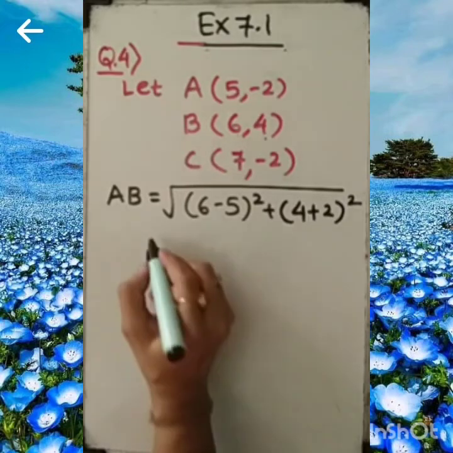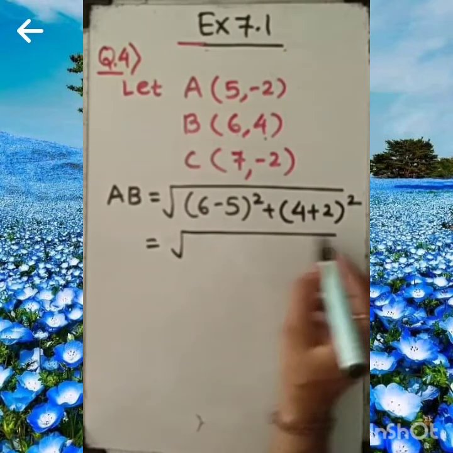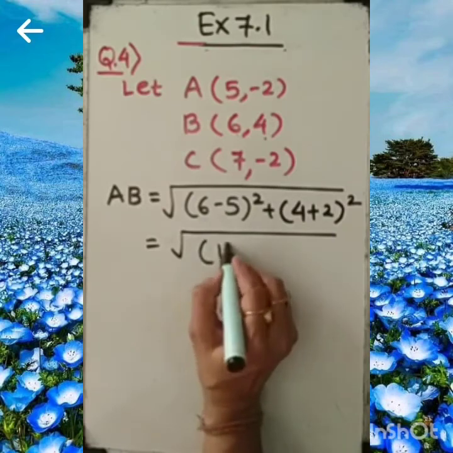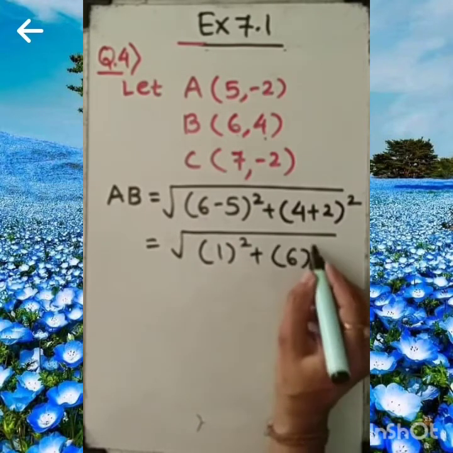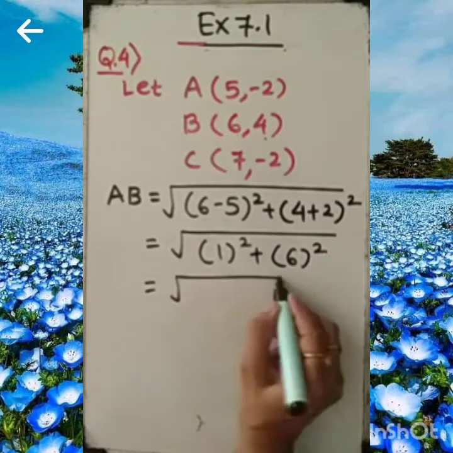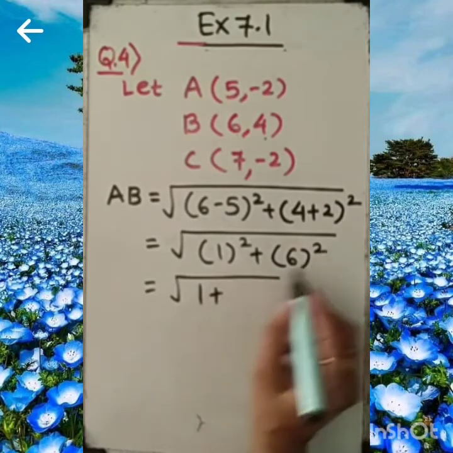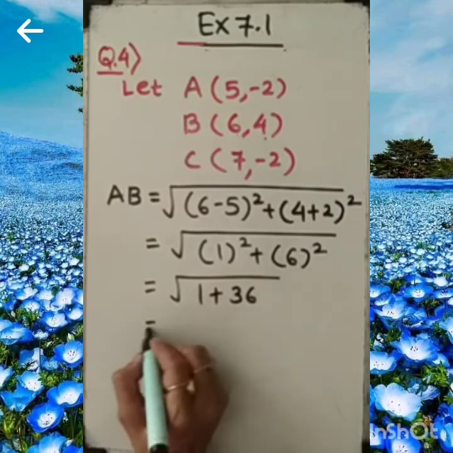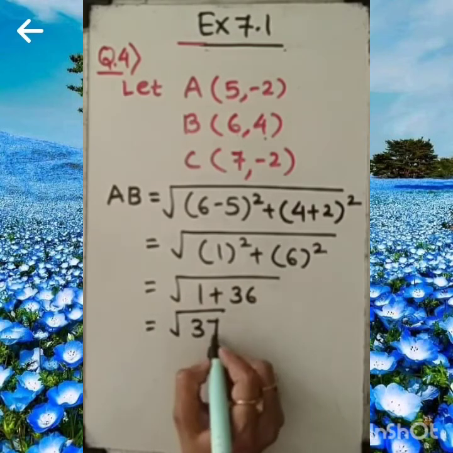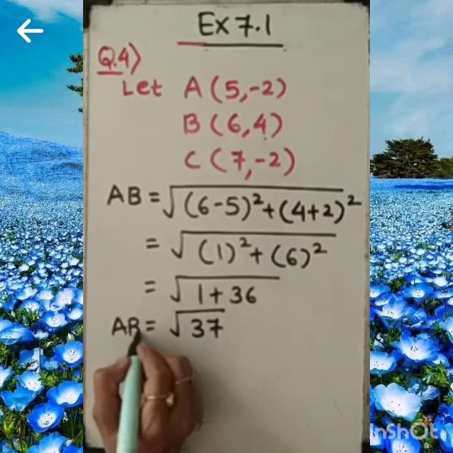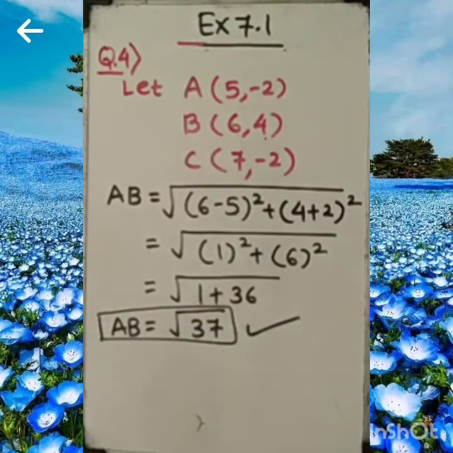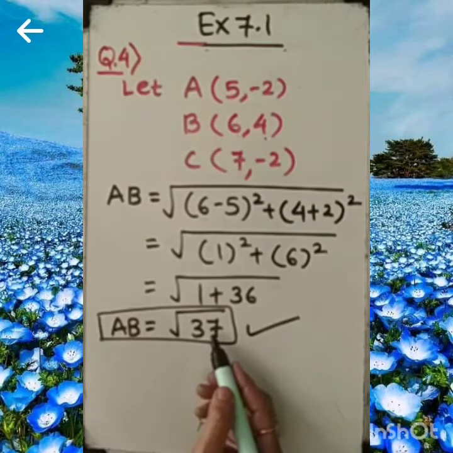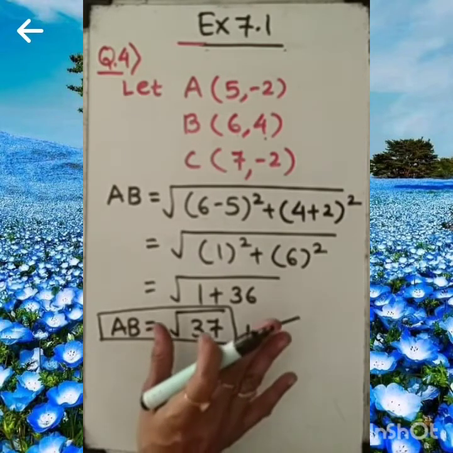So under root of 6 minus 5 is 1 and 4 plus 2 is 6. So the square of 1 is 1, the square of 6 is 36. So it is coming under root 37. So the distance between the two points A and B is under root 37. As we know, 37 is not a perfect square, so let it be as it is.